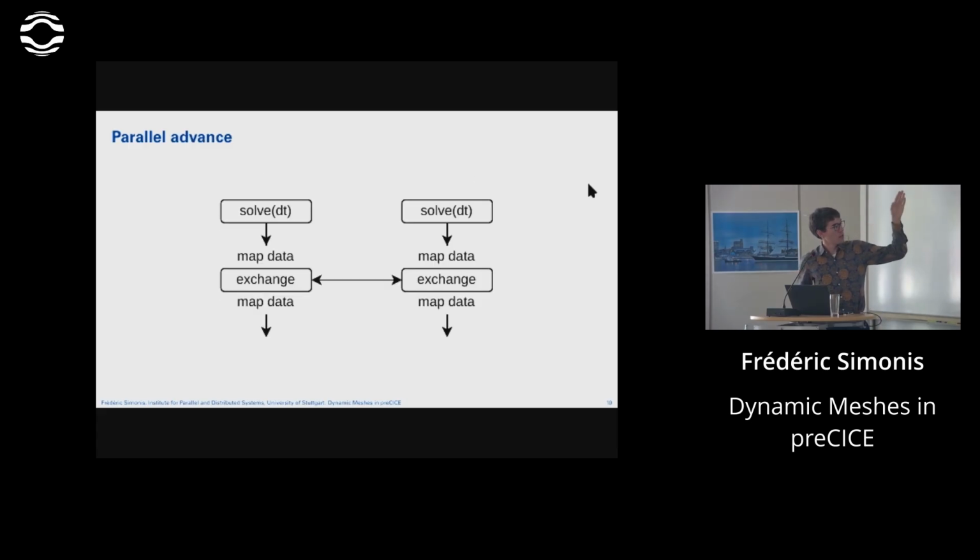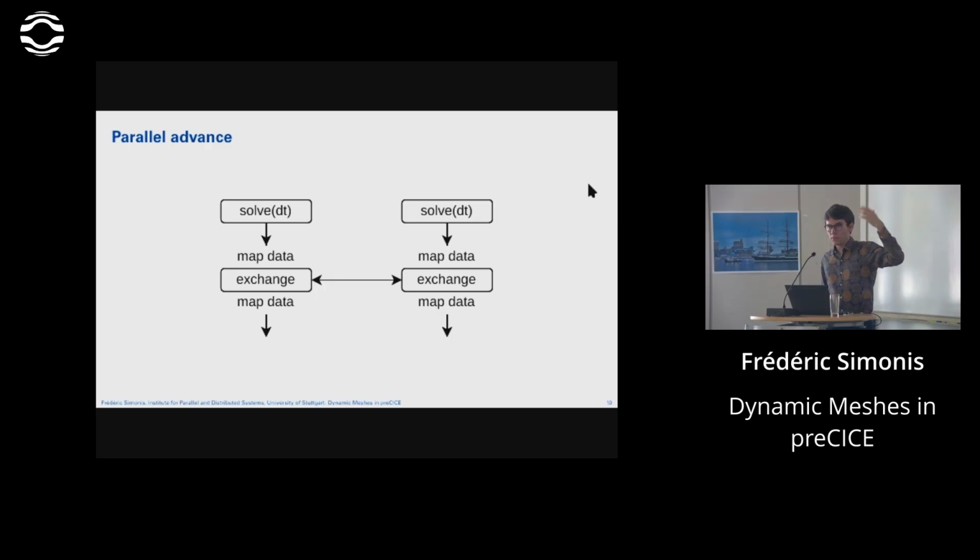So what's happening is, after you write data to preCICE and call advance, multiple things happen in advance. So you have these map data parts which are partially optional. That depends on where you decide in your configuration to run the mapping. And you have this exchange part, which essentially just exchanges the information, right?